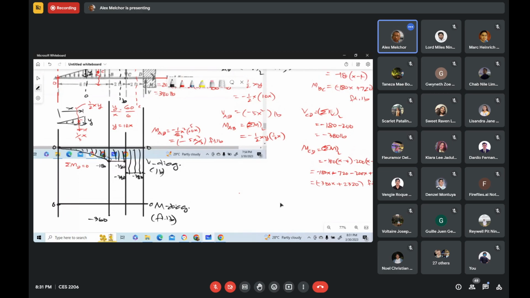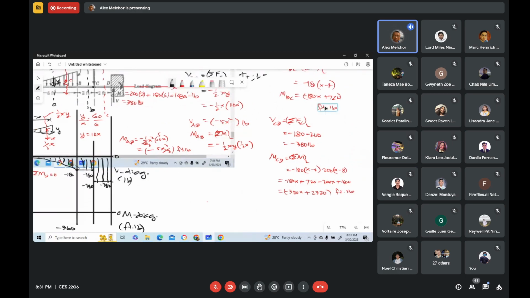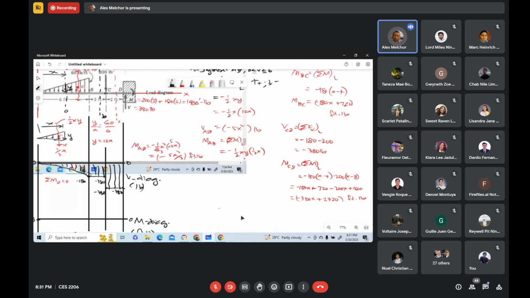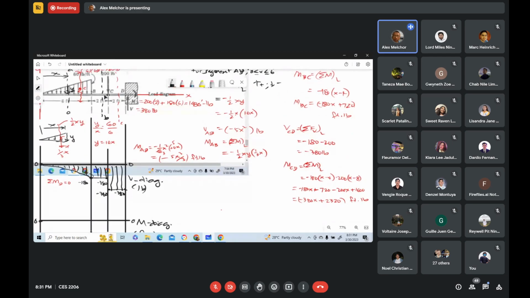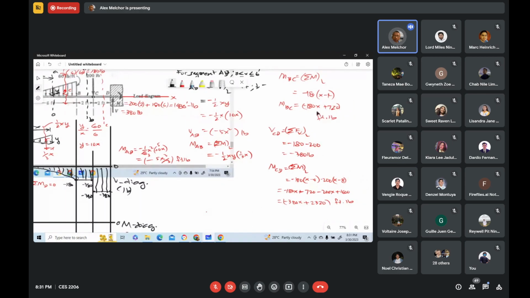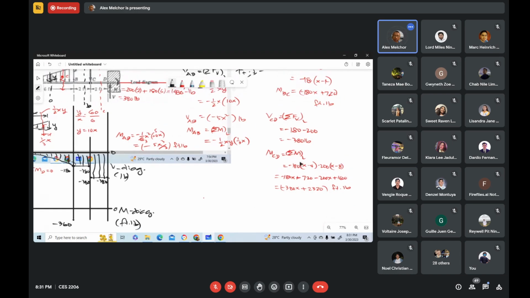Using this equation, the value of x at C is located 8 feet from the left end. So we substitute it here. How much is our moment at C? If this is 8 feet, how much is this? What is the value? Negative 720, sir. Okay, thank you.